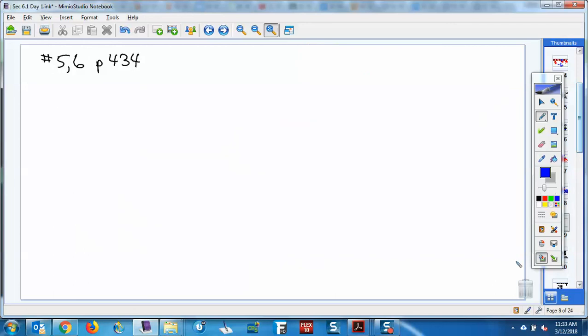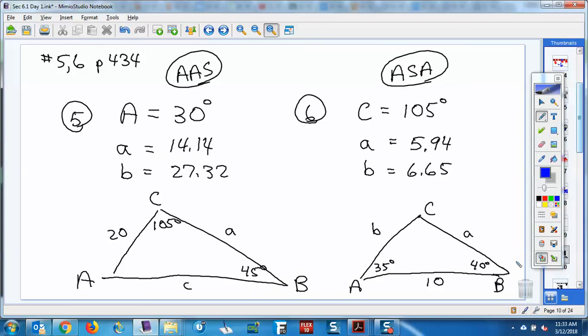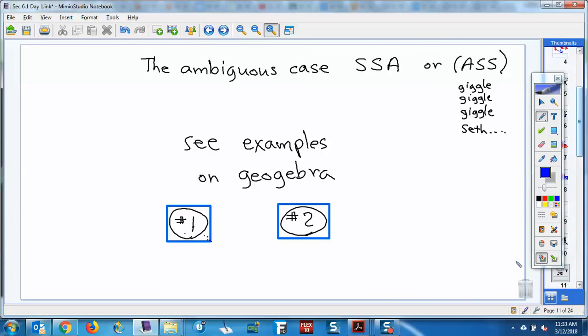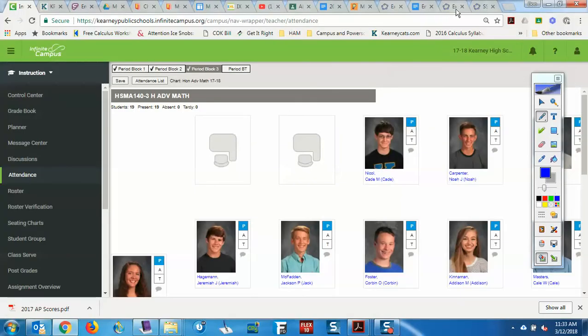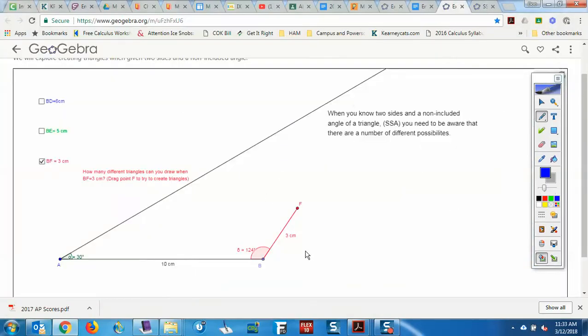Okay, now, let's move on. So, let's talk about this ambiguous case. Here's why it's ambiguous. And here's why I always draw A down here.